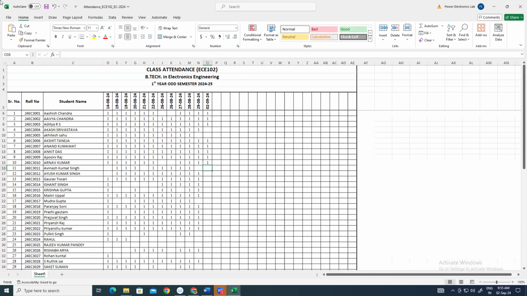Avinash, present, sir. Ayush, present, sir. Gaurav, present, sir. Nishant, yes, sir. Krishna, yes, sir. Maitri, present, sir. Paranjay, present, sir.